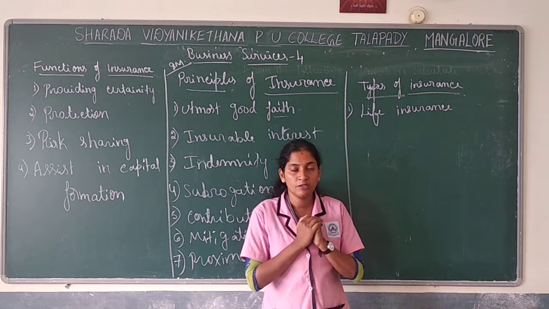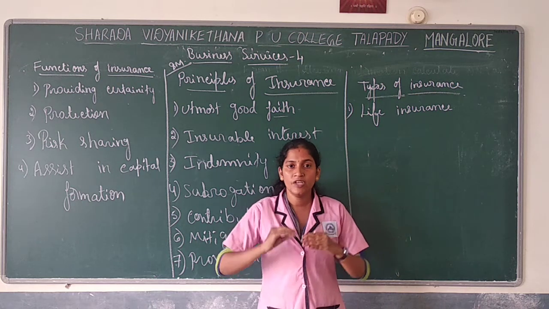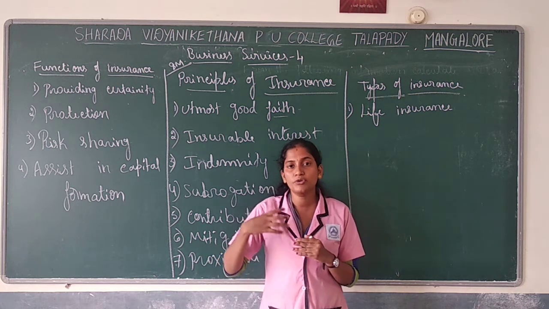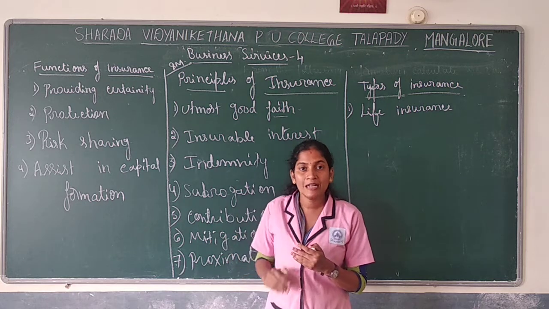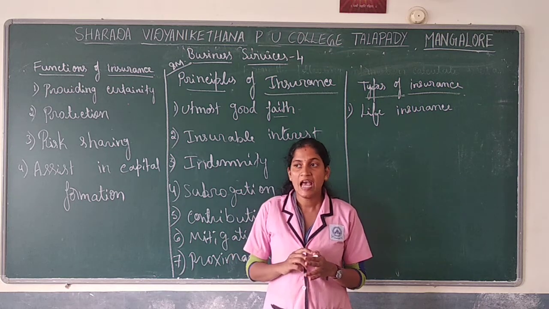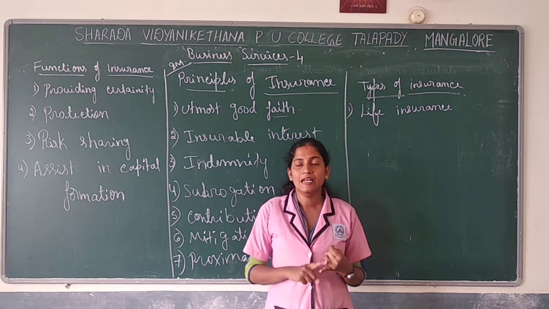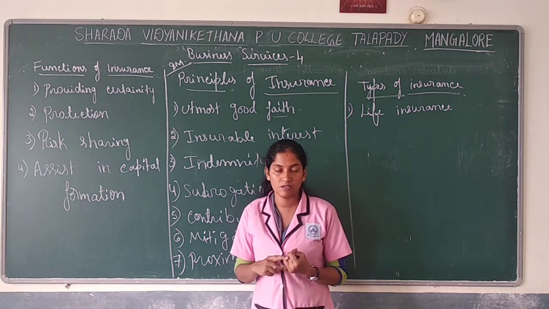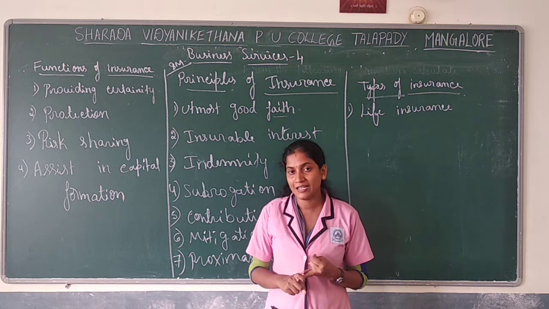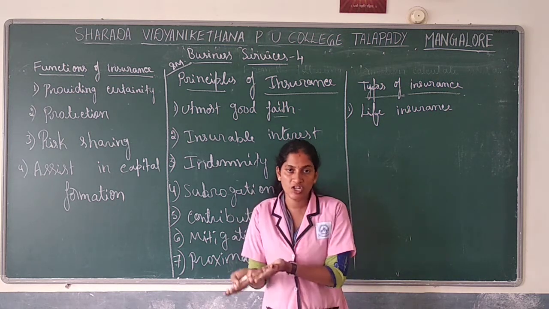See, utmost good faith tells that the one who is going to take an insurance policy should tell the reason for taking an insurance, and he should not hide anything from the insurance company. Like if he is sick, if he is not well, or if he has any medical issues, that should be disclosed to the insurance company.